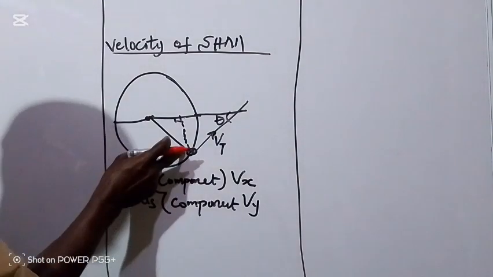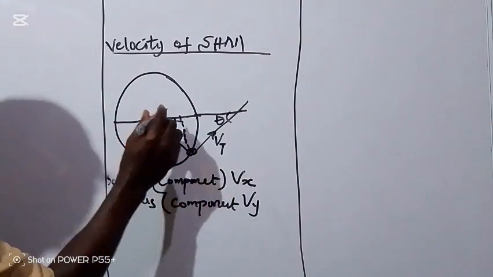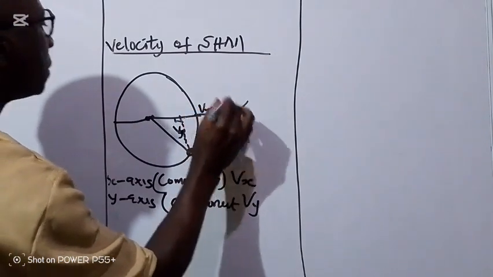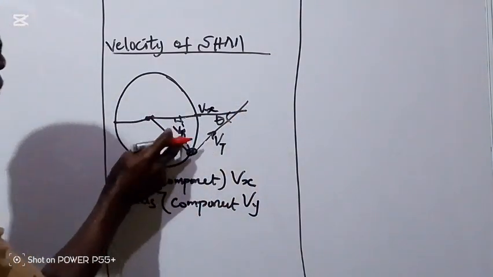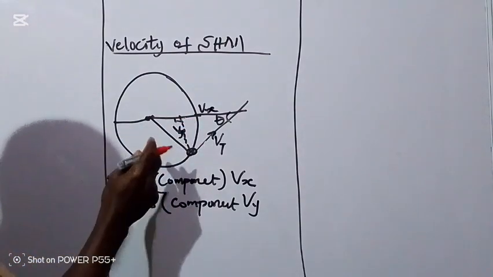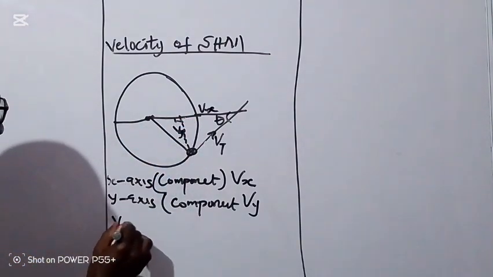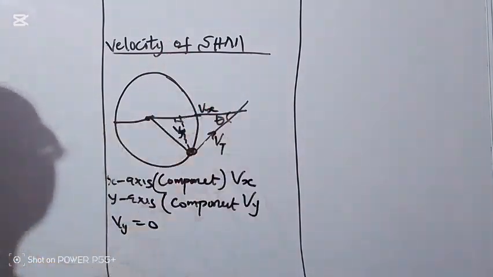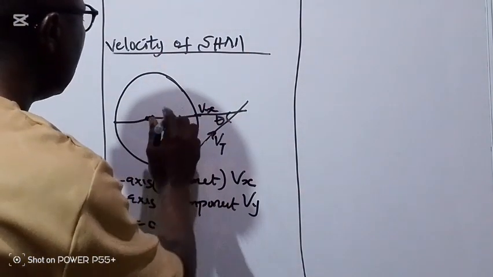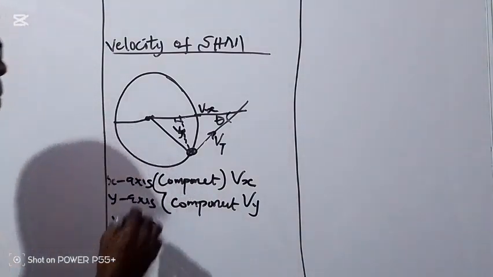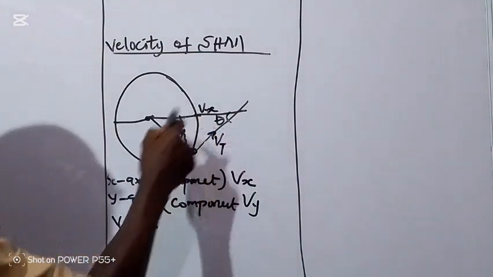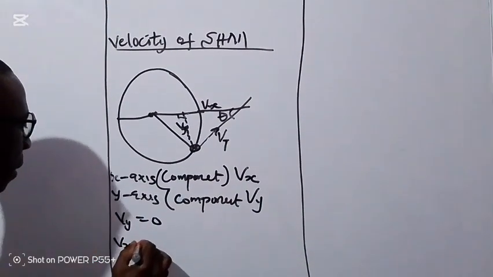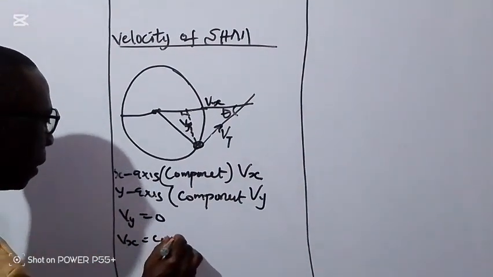Since Vy is perpendicular to the radius, according to the theory it will be equal to 0. So from there, we are now left with Vs. Now, to find this Vs component.